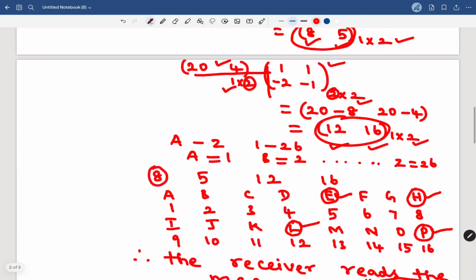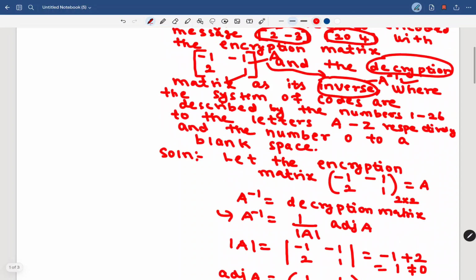For this problem, the message is simply HELP.